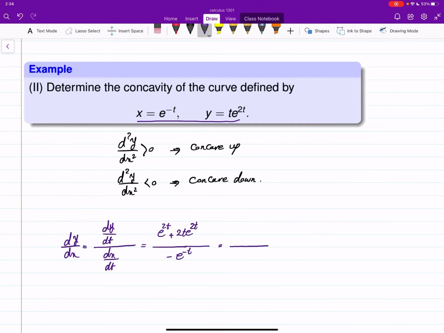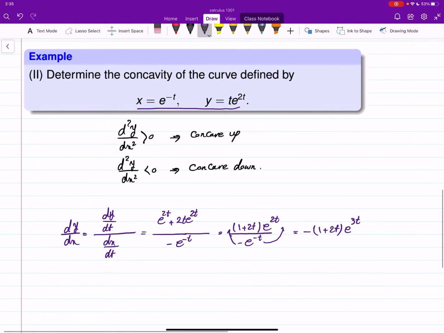Okay, so that I can factor out e to the power 2t. There's a minus sign, I will bring it. Note that here now I can take this to the numerator, and this minus also can go up: minus (1 plus 2t) e to the power 3t. This is the first derivative.